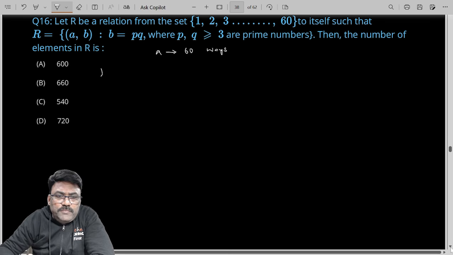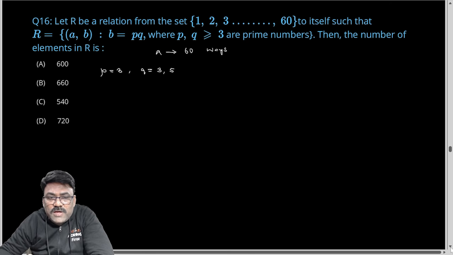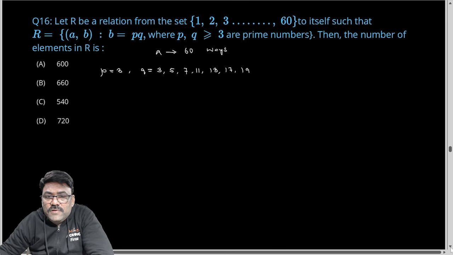If I take P as 3, starting from the minimum, then Q can be 3, 5, 7, 11, 13, 17, 19, prime numbers only, and the maximum product can be 60 only. 3 into 19 is 57.